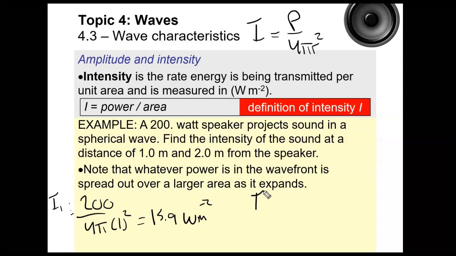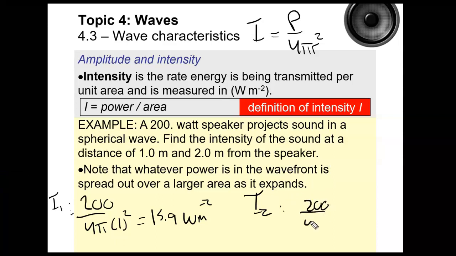Now, I could use the same equation to find the intensity at 2 meters. However, I should also be able to immediately tell that if the distance is twice as much, the intensity should be a fourth of this value, so somewhere around 4 watts per square meter. But let's see for ourselves.